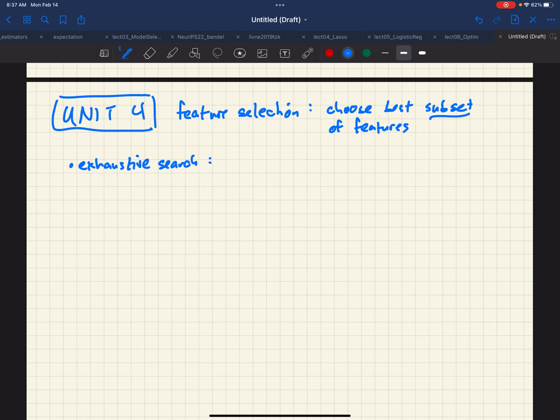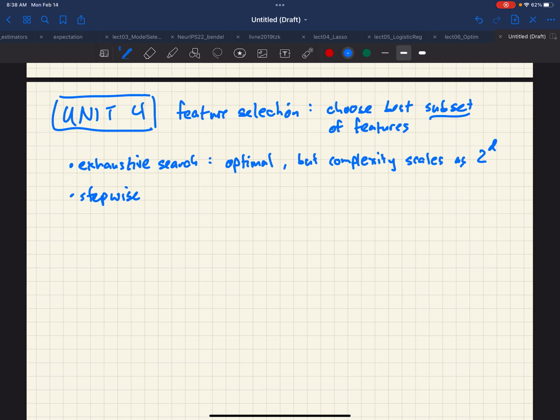Exhaustive search: you just try all the subsets. You use cross-validation to measure their performance. This is optimal, but complexity scales as 2 to the power d for d features, so that is not possible for many problems.